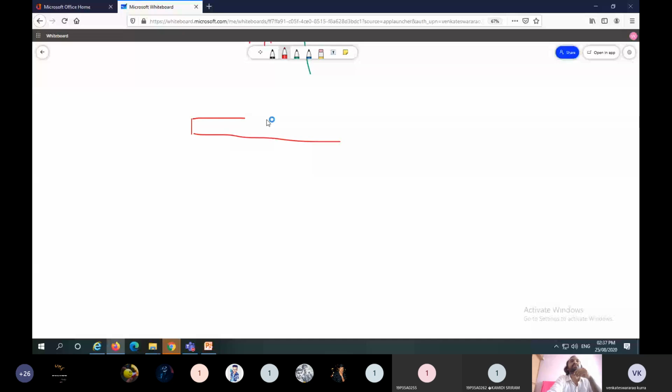So during reverse bias condition, this one is P, this one is N plus, and this one is N minus.